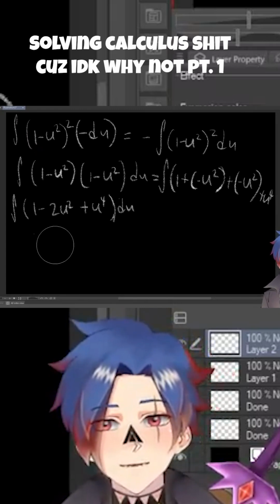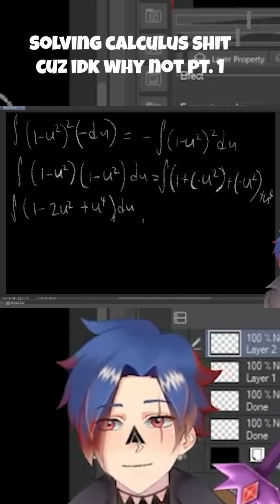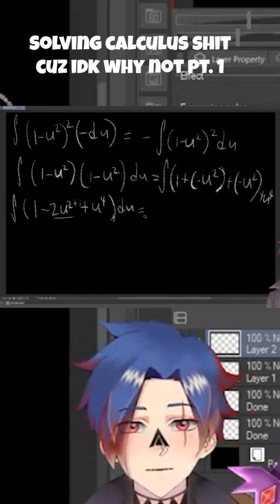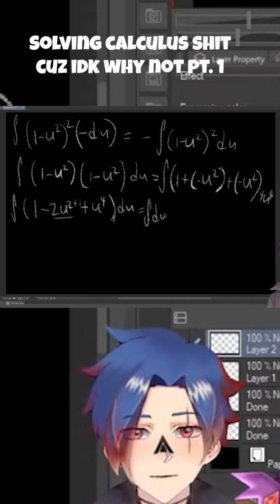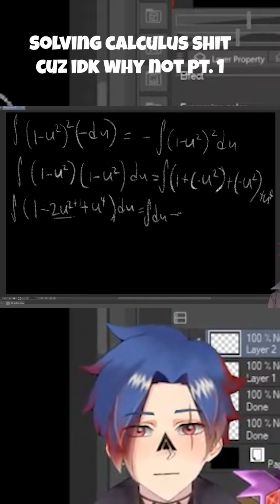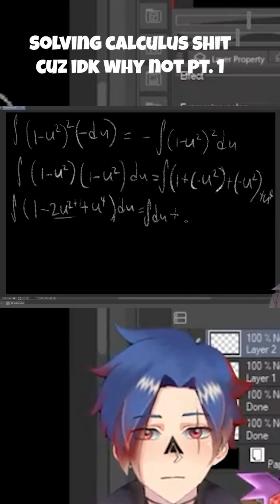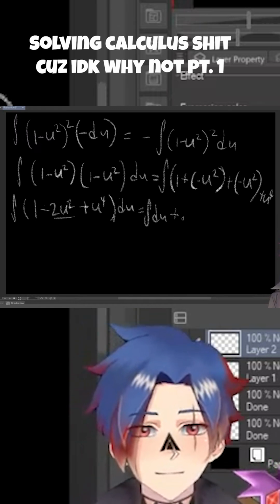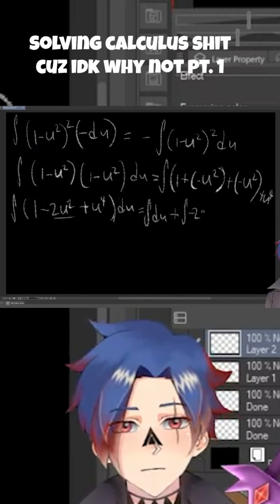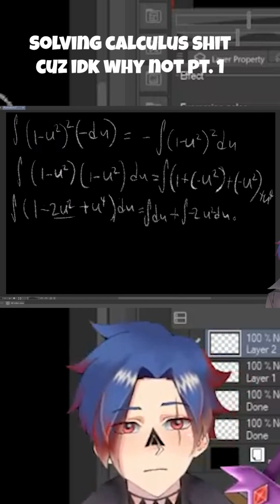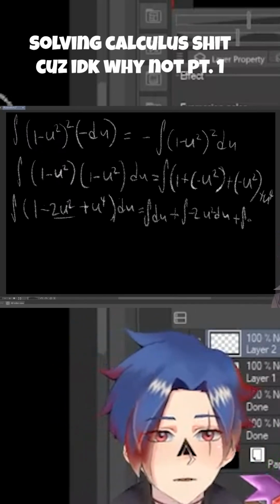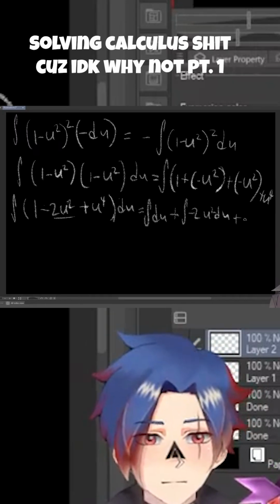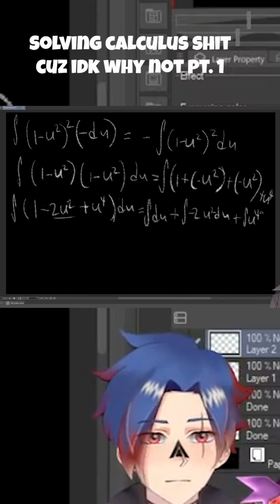So how would we do that? So we do that. It's gonna be the integral of du minus 2u squared du plus u to the fourth du.